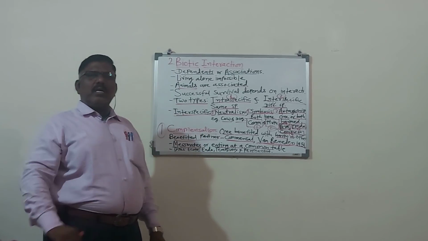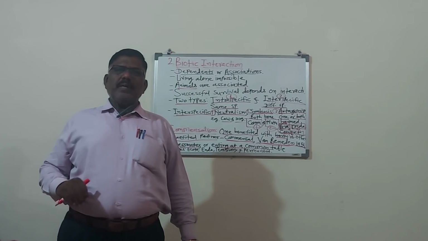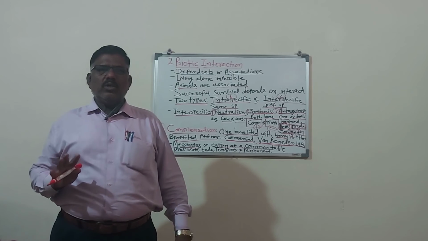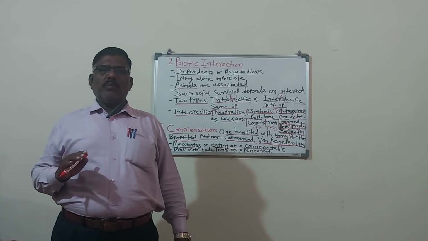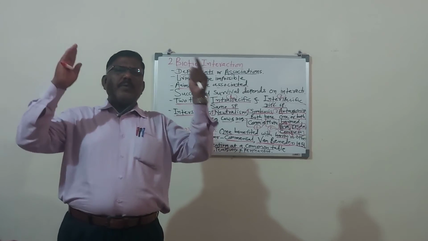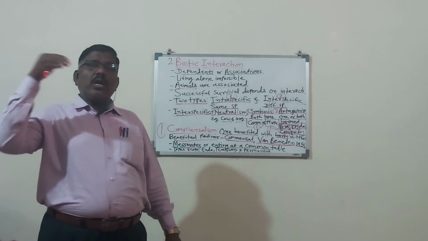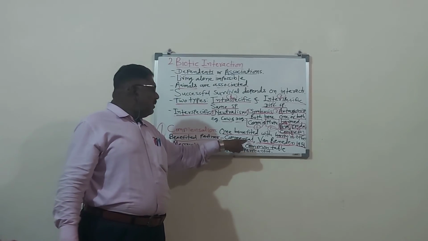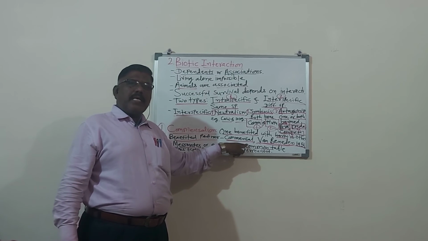That is ectocommensalism. One partner is getting benefit without harm to the other, and is attached externally to the animal. Remora and shark is the best example of ectocommensalism. There are a number of examples of ectocommensalism. Then endocommensalism means the commensal is inside the body of its partner.